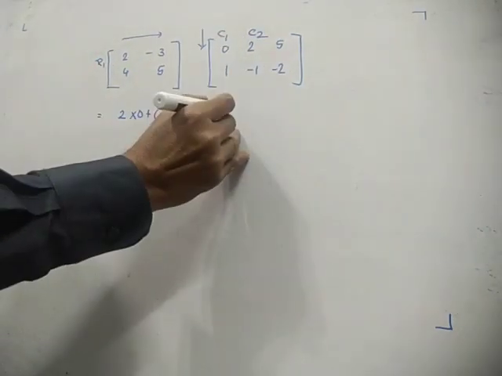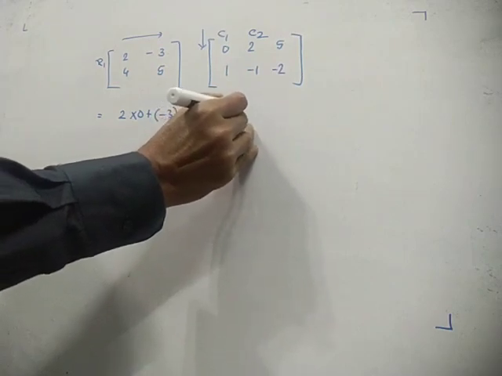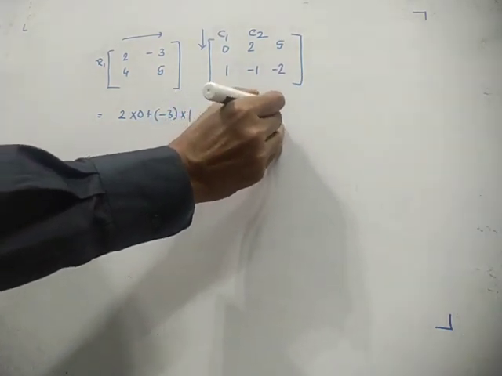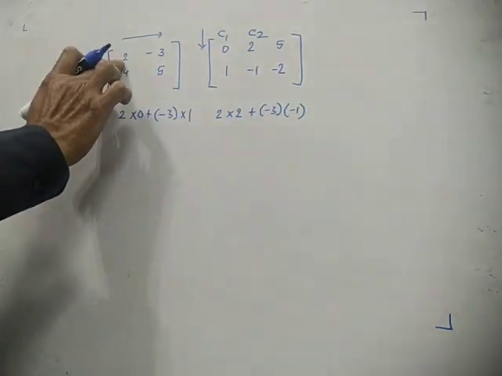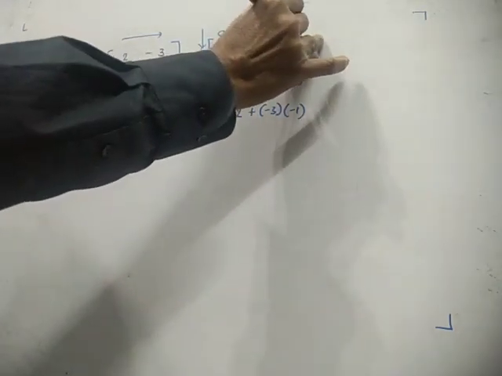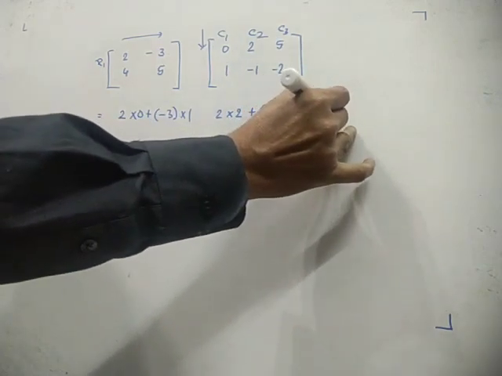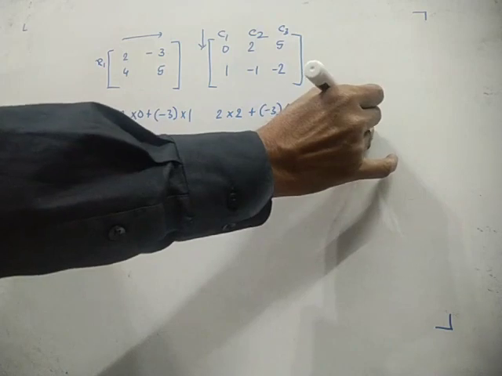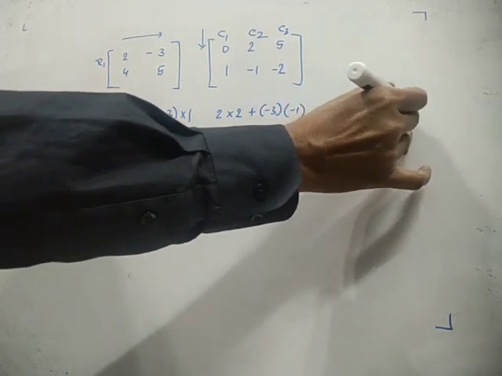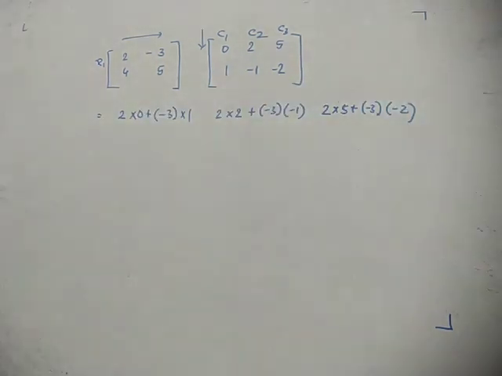With the first row we now multiply the second column: 2 into 2 plus minus 3 into minus 1. And for the first row, third column: 2 into 5 plus minus 3 into minus 2.